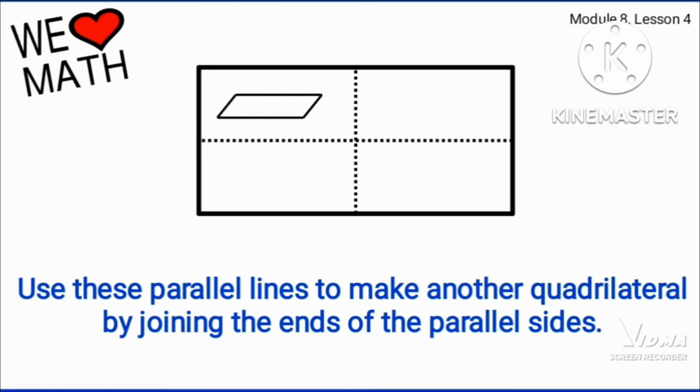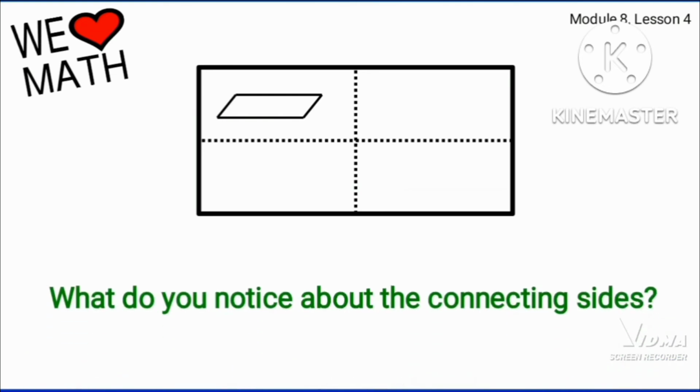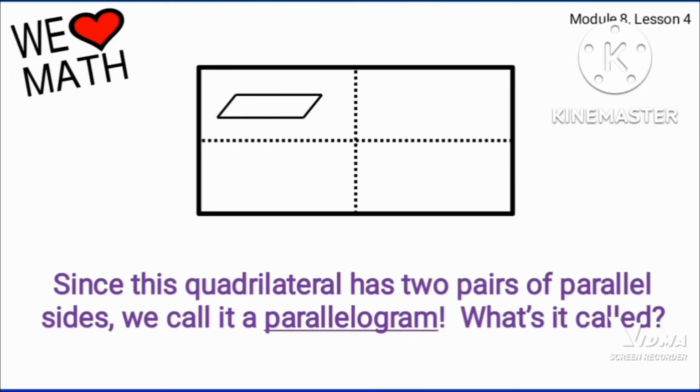This is another quadrilateral. But what do you notice about both ends? The both sides, do you think they will ever meet? They are parallels. Both sides are parallels. The 2 lines connecting them will never meet. And so since the 2 sides will never meet, it has 2 pairs of parallel sides. We call this quadrilateral a parallelogram.